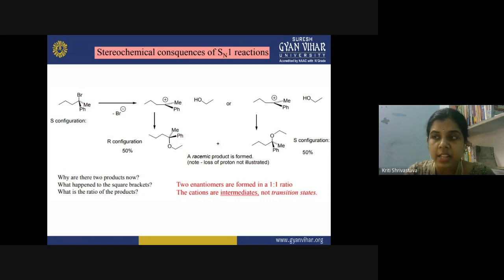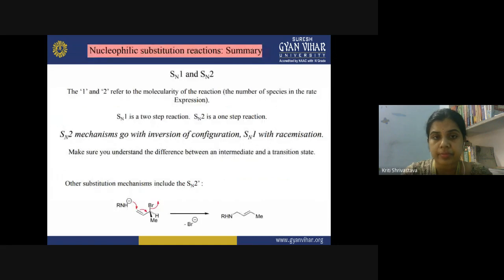Transition states are nothing but the activated complex, and they cannot be shown by a particular structure. You can give the hybridization in case of an intermediate, but you cannot give hybridization for a transition state. Transition states always have higher energy as compared to the intermediate, and a lower lifetime. So the cation that is generated during the course of the SN1 reaction is an intermediate and not a transition state.